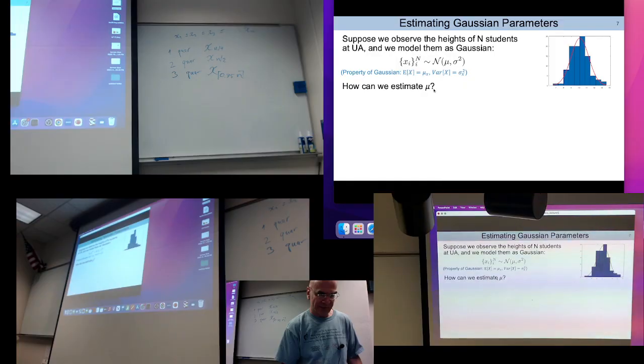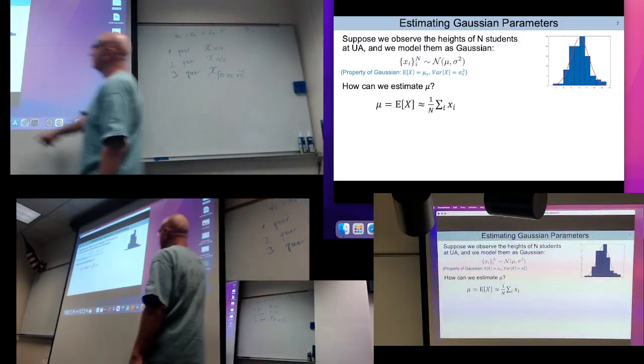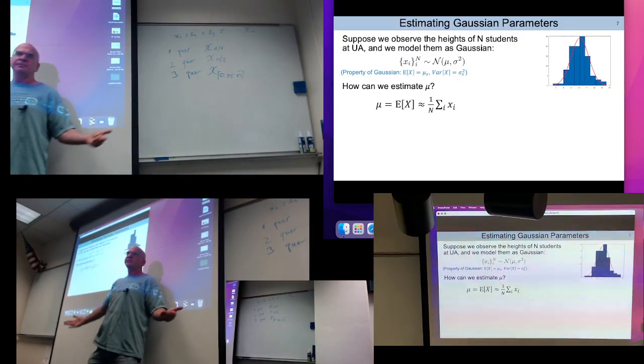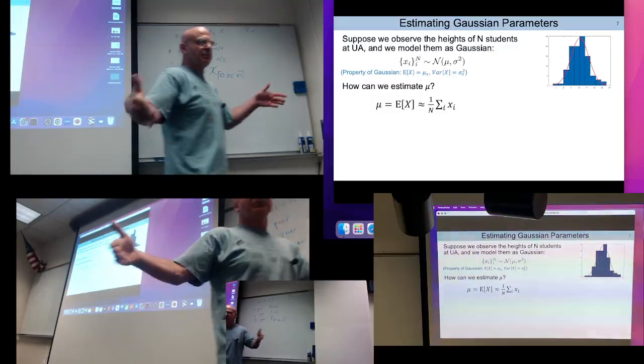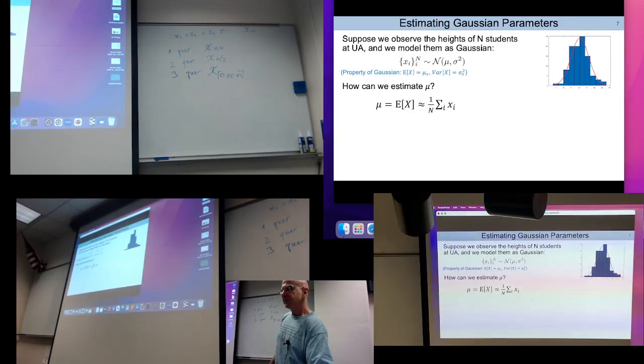Make yourself familiar with this. Mu, the Greek letter, is the estimated Gaussian mean, which is just taking the heights of n students, summing them up, and multiplying by 1 over n. And these n students in your sample, pick them presumably at random. You don't want the sample to be influenced by only picking tall students, or only picking short students, obviously.